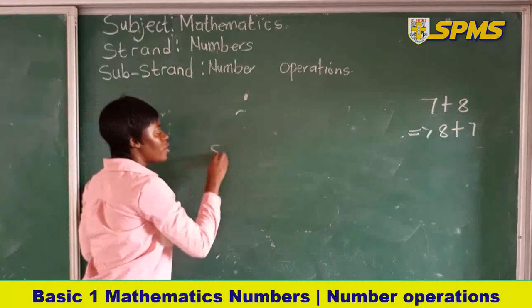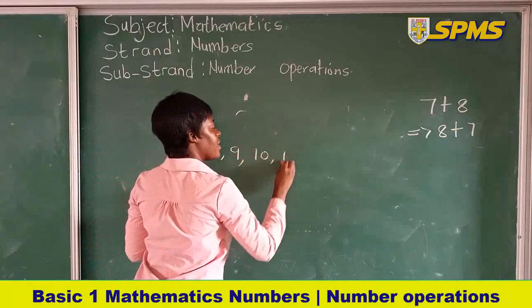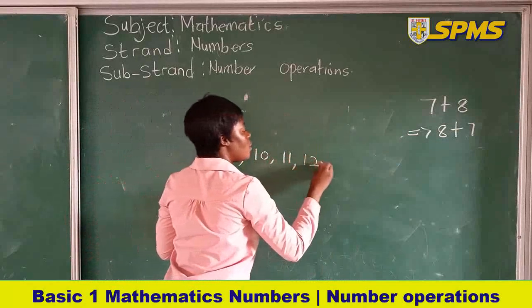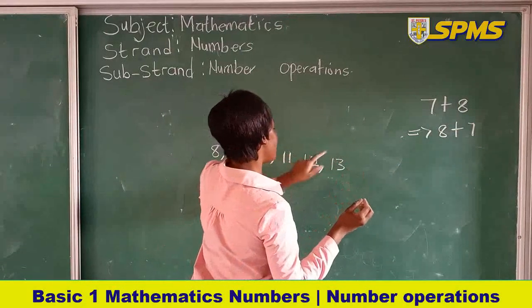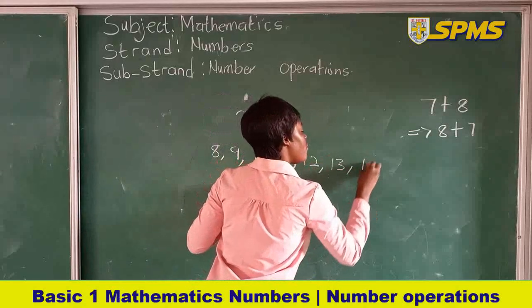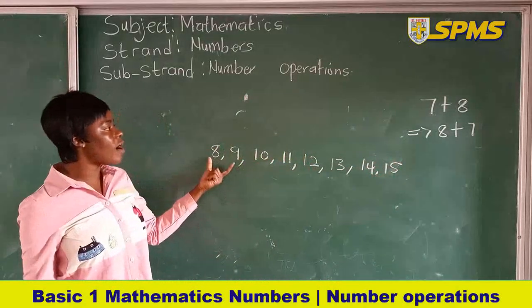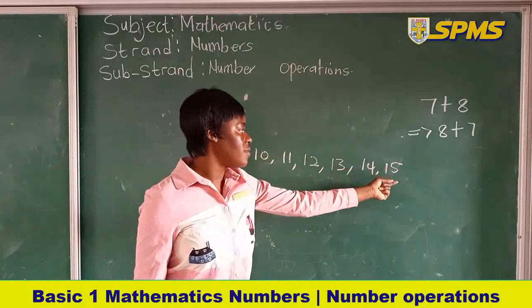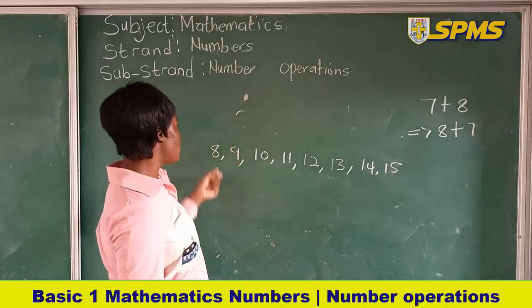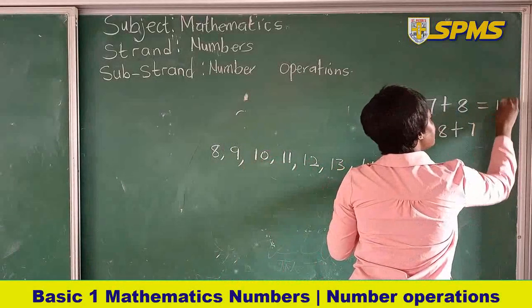The next number will be 8, 9, 10, 11, 12, 13, 14, 15. So 7 plus 8 will give us 15.